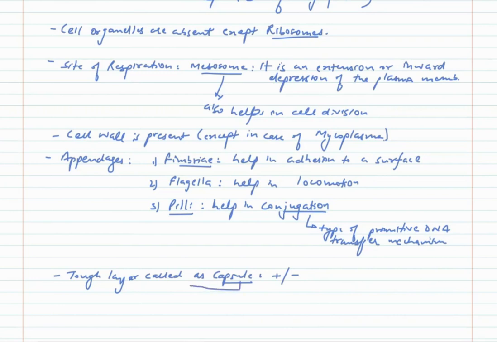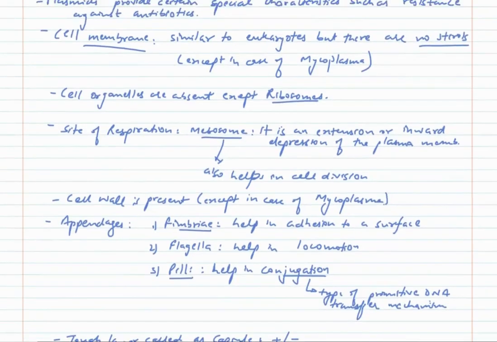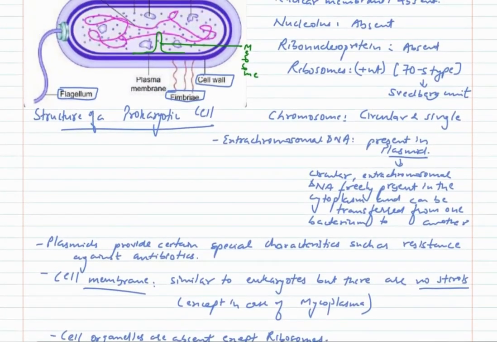On the presence or absence of capsule, we have two types of prokaryotes. One is known as encapsulated and the other is known as non-capsulated. And it is very difficult to kill these encapsulated organisms because this capsule is very tough and resistant to the action of antibiotics.